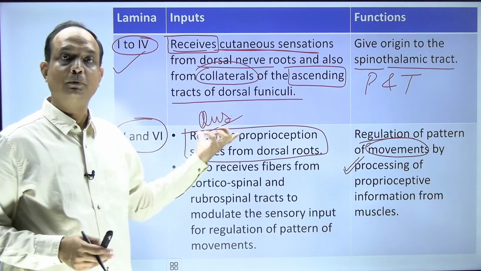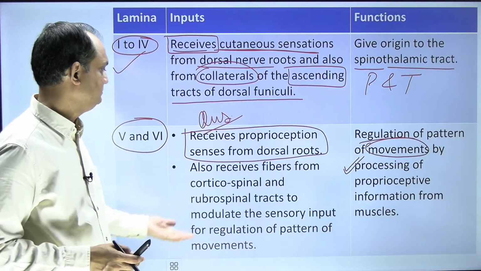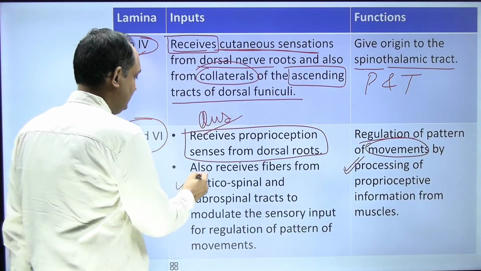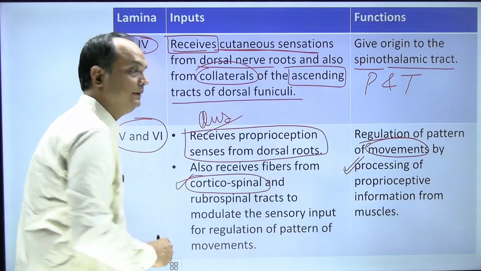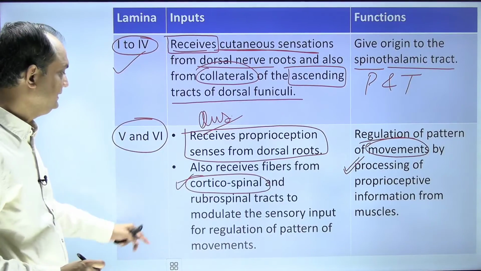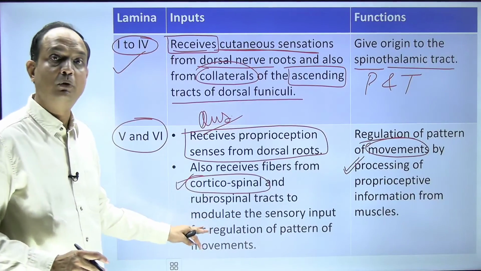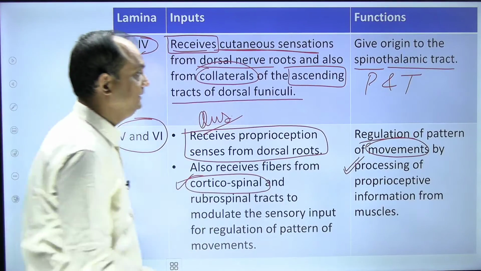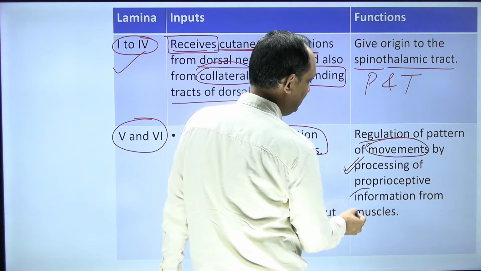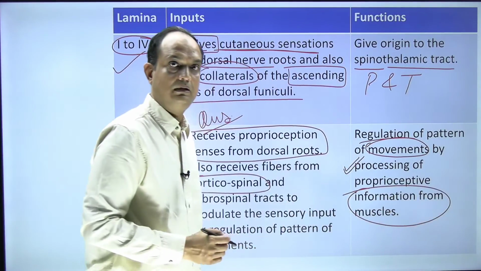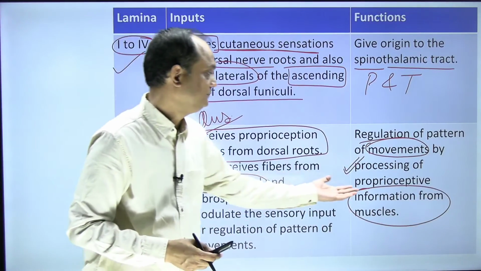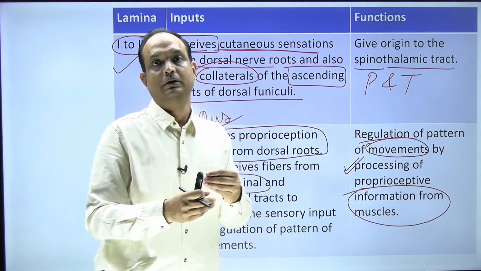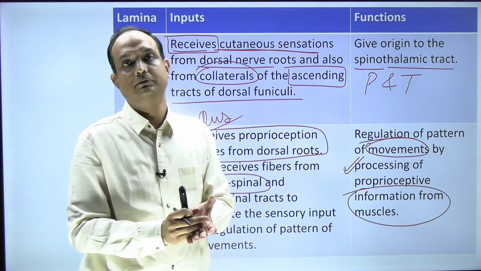So what is the output? Now they are receiving the proprioception, and this proprioception is processed by the fibers of the corticospinal, that is a descending pyramidal tract, and the rubrospinal tract, which modulate it, and ultimately these are movements of the muscle. The processing of the proprioception is helpful in the movement or the pattern of the muscle movement formation.